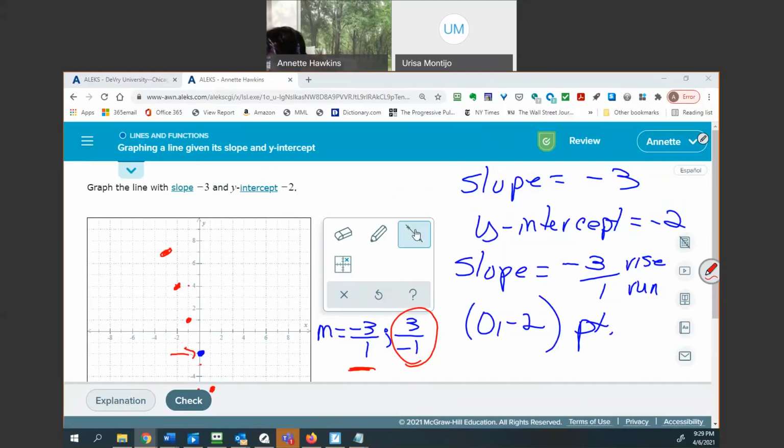So I'm going to take my line tool, and it says place the first point. Well, let me see, okay, it won't let me. Oh yeah, wait a minute.